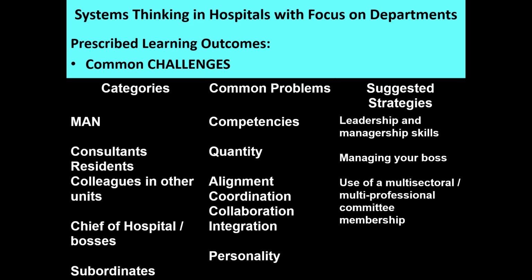So suggested strategies consist of leadership and manager skills of the head of the department. Managing your boss, meaning you can manage the personality of your higher ups, and adjust according to his or her mindset and mood. That would be part of the strategy.